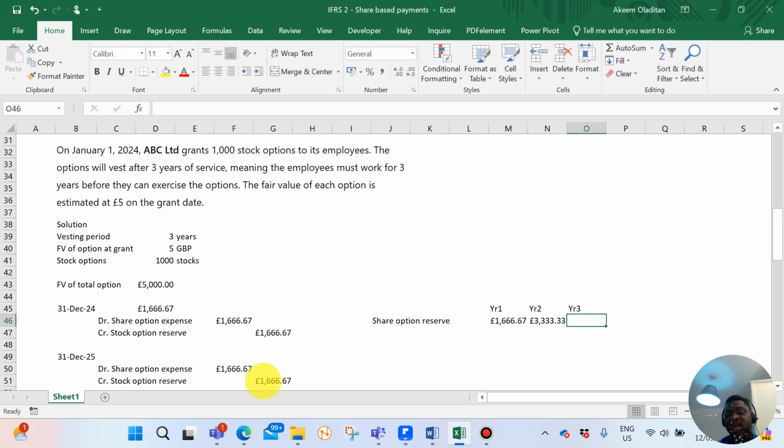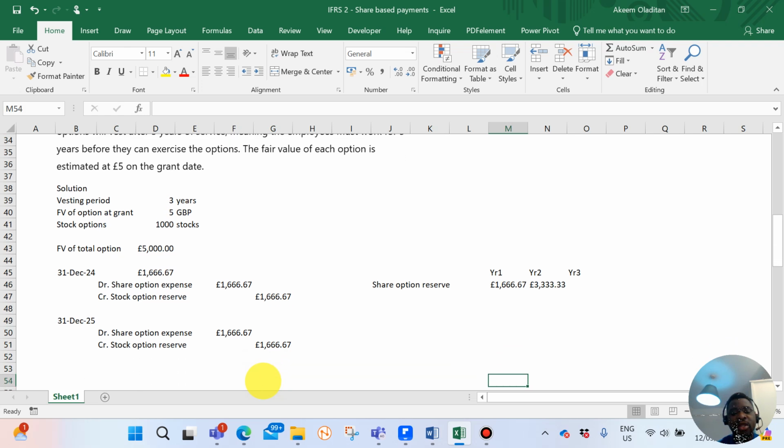So that we arrive at that 5,000. Let's not waste too much time on that. But that option has to be exercised at the grant date, and the value that we record will be the value for 1 year transaction.